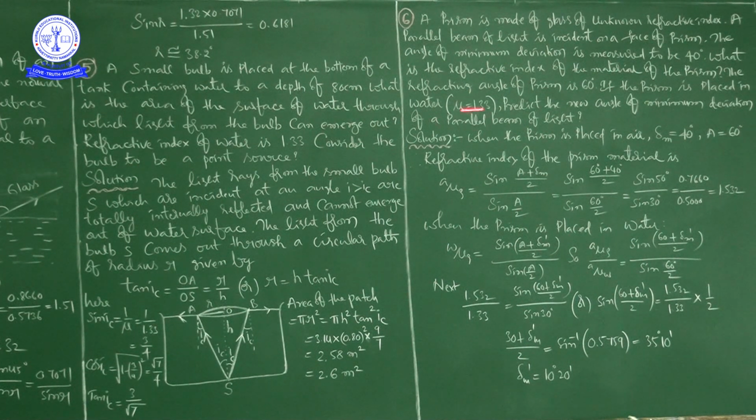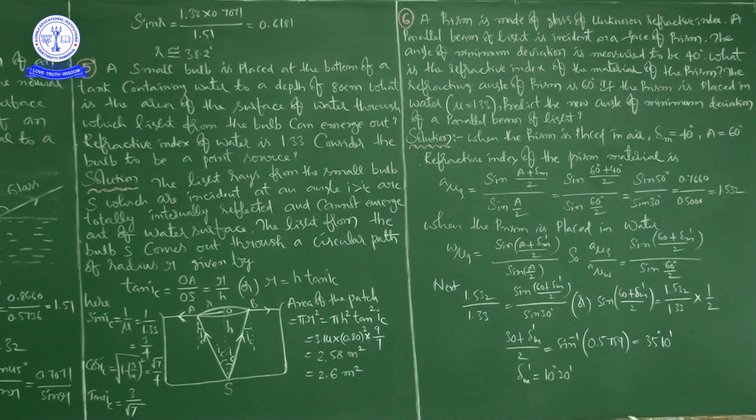When we change the medium where the prism is present, the angle of minimum deviation will change. So the second half asks for the new angle of minimum deviation when the prism is kept in water.